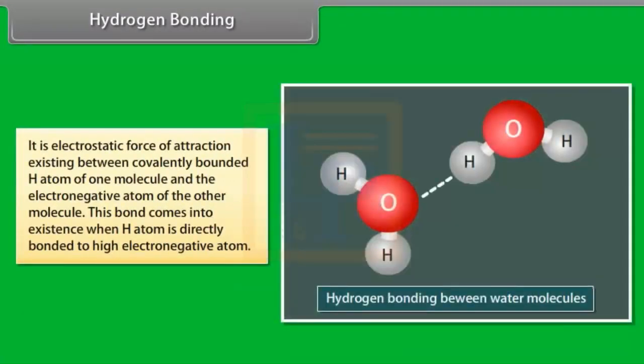Hydrogen bonding. It is the electrostatic force of attraction existing between a covalently bonded hydrogen atom of one molecule and the electronegative atom of the other molecule. This bond comes into existence when a hydrogen atom is directly bonded to a highly electronegative atom.